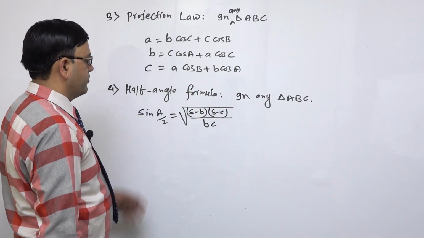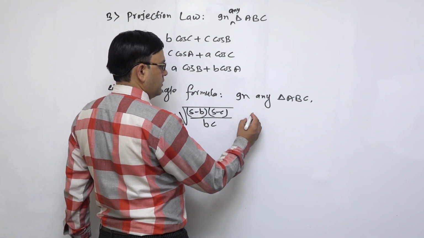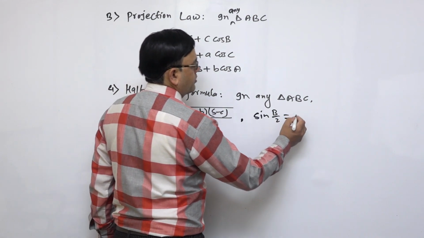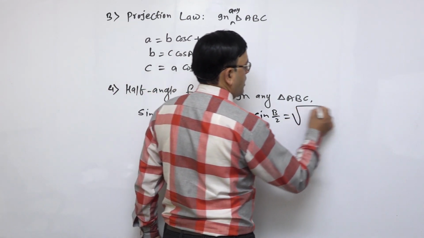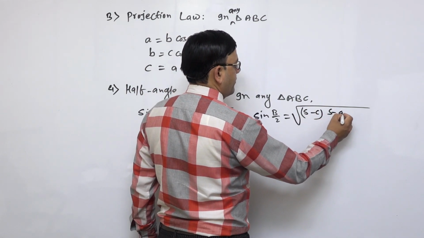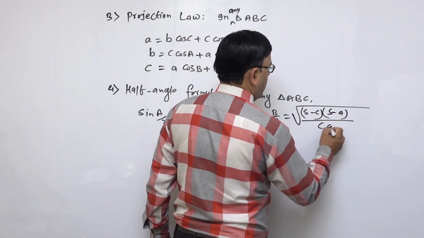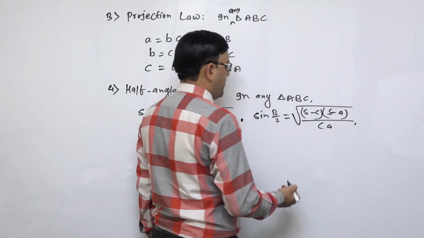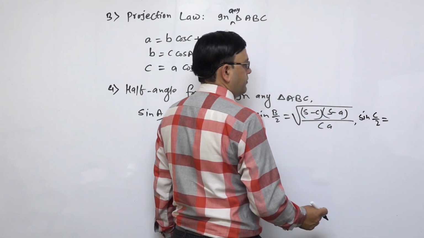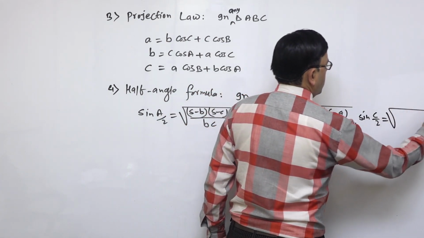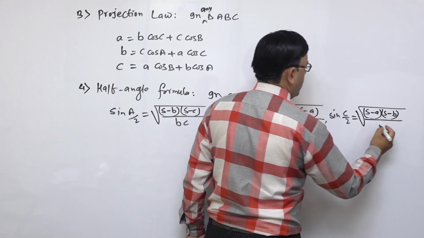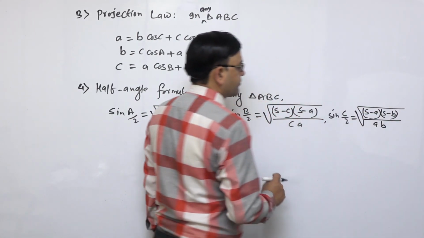This is sine A by 2. Similarly, sine B by 2 is equal to root under (s minus c)(s minus a) by ca. Similarly, sine C by 2 is equal to root under (s minus a)(s minus b) by ab.